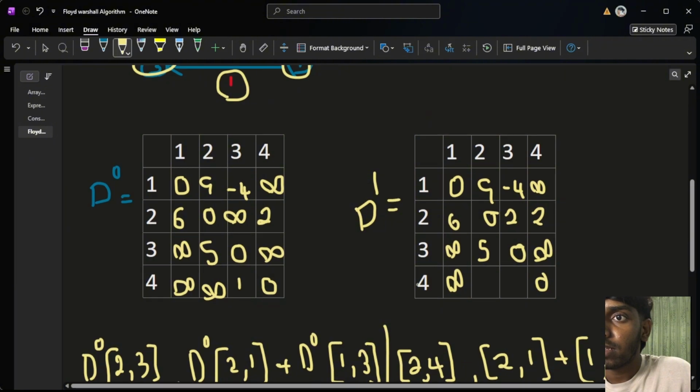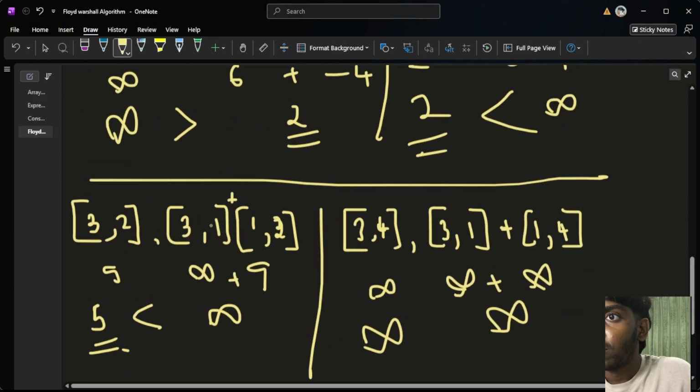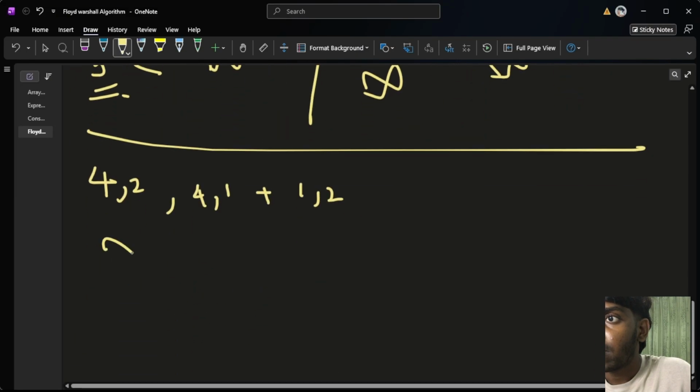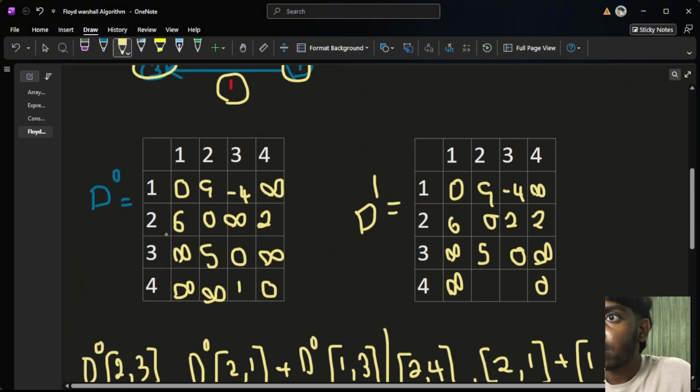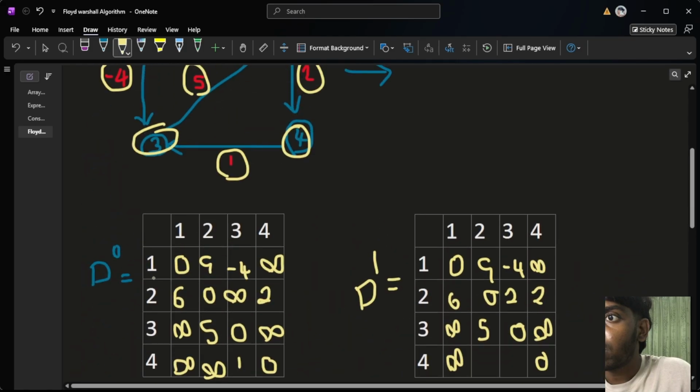So 4 to 2 is infinity, 4 to 1 is infinity, 1 to 2 is 9.